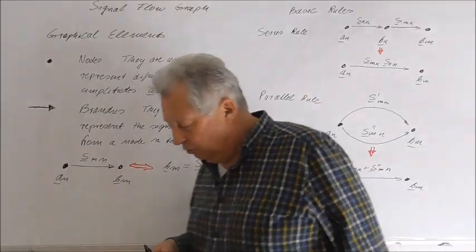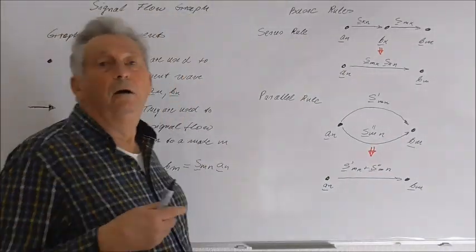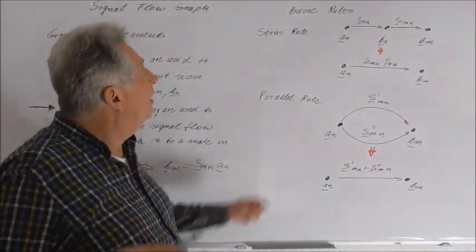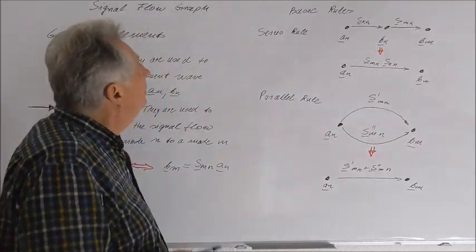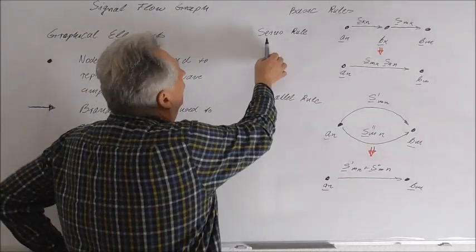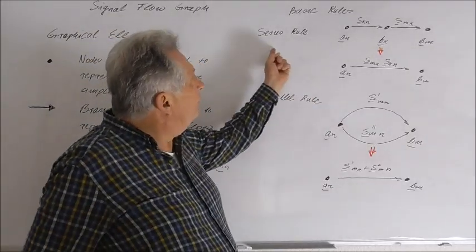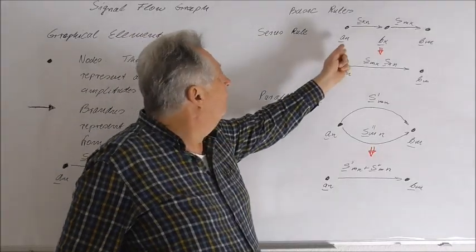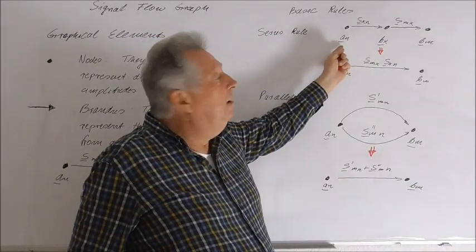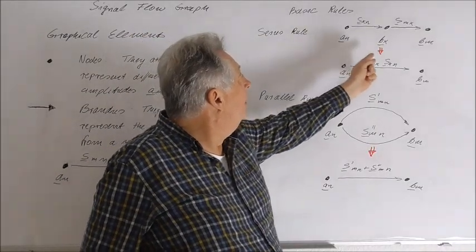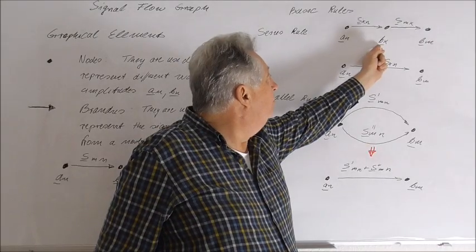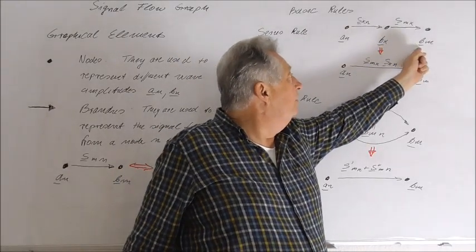To deal with these graphical elements, we have some basic rules. These basic rules start, for example, with the series rule. We have here a wave amplitude AN, a wave amplitude BK, and a wave amplitude BM.